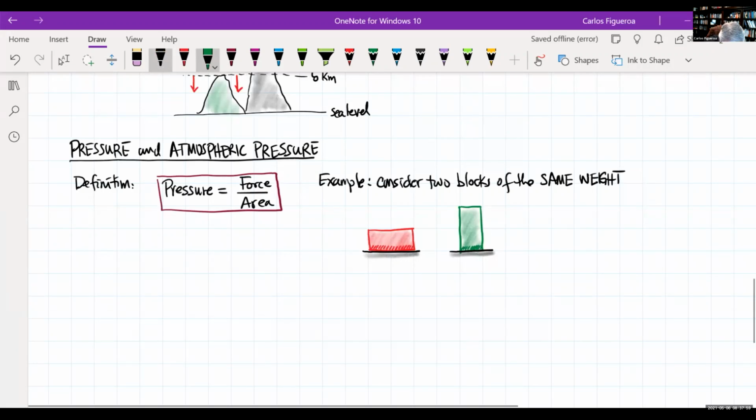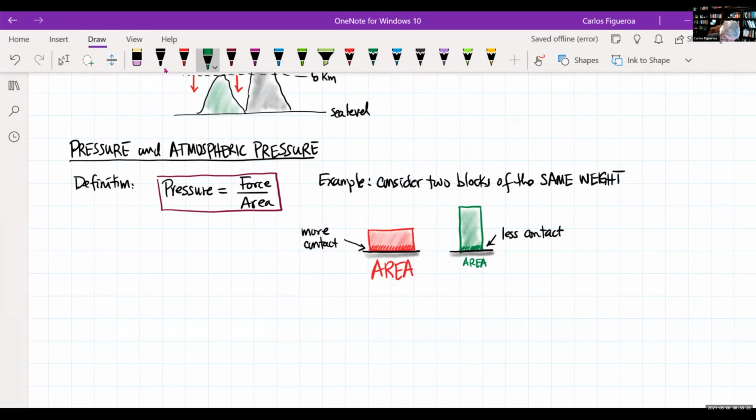In this case, this has more contact. This guy has less contact. In other words, this guy has a bigger area in contact with the table. This guy has a smaller area.